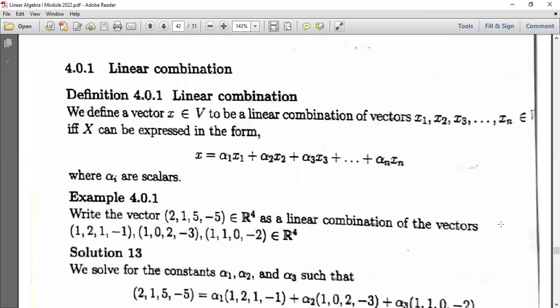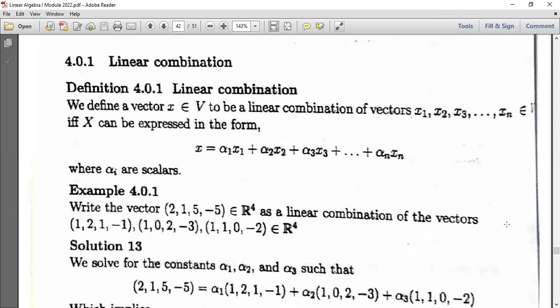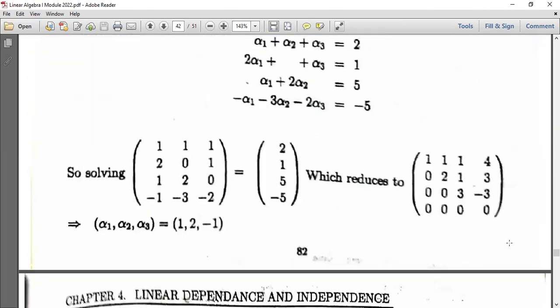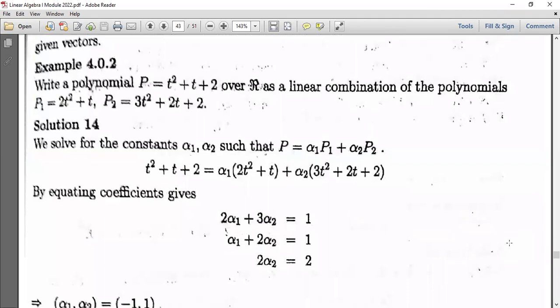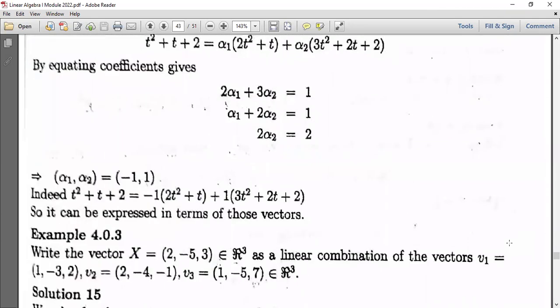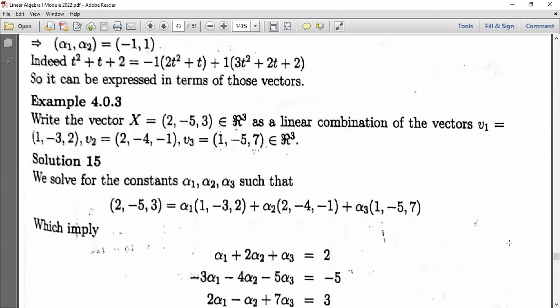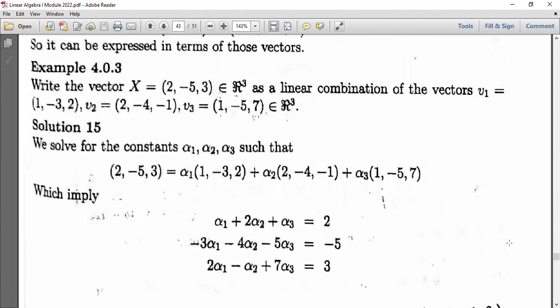We define a vector x to be a linear combination of vectors x1, x2 up to xn, if x can be written in that form. That's what we call a linear combination. Are we okay with the definition of a linear combination and the two examples we have seen? Remember?